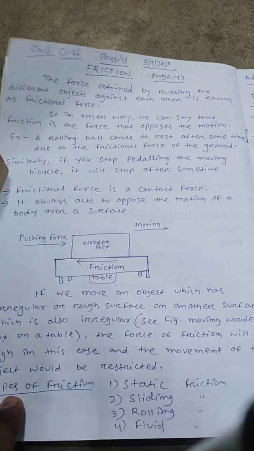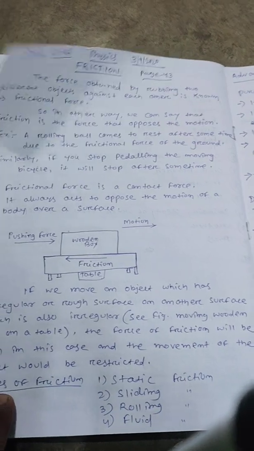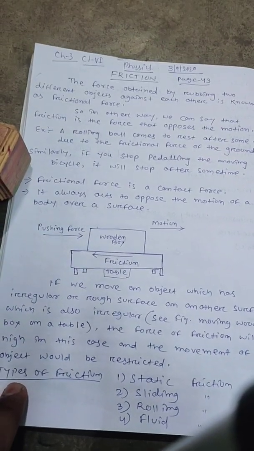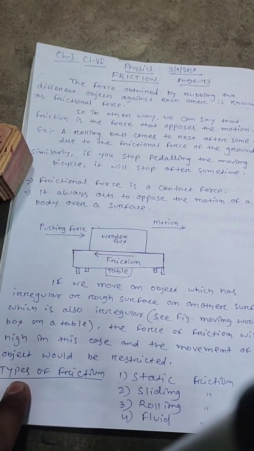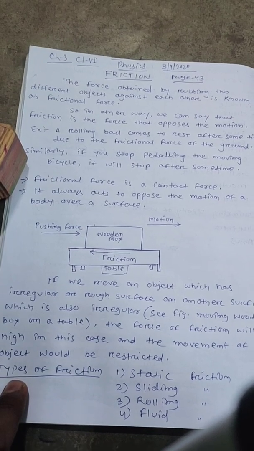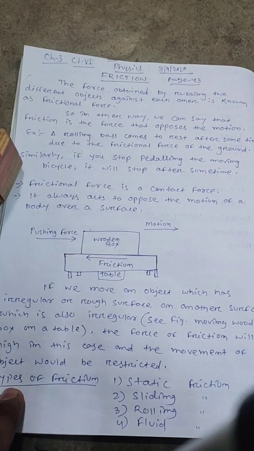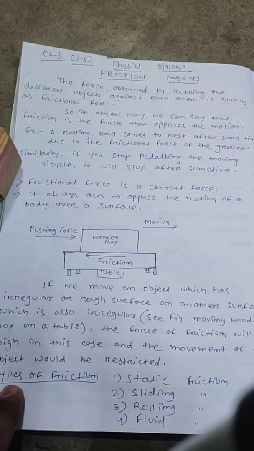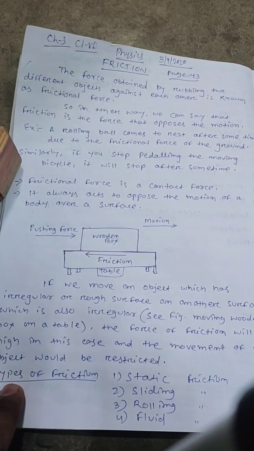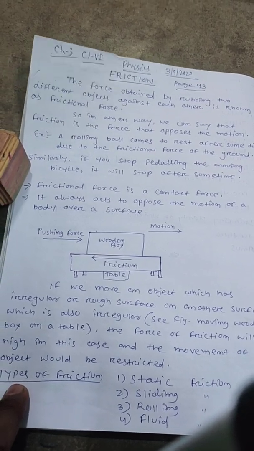The movement of the wooden box on the table is difficult because the object is restricted by the frictional force, and both the objects are rough in nature, so the force of friction is high in this case.